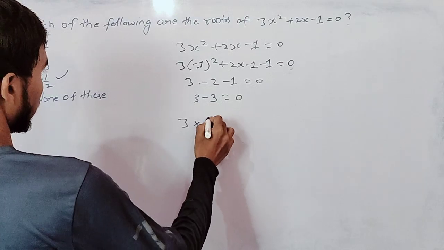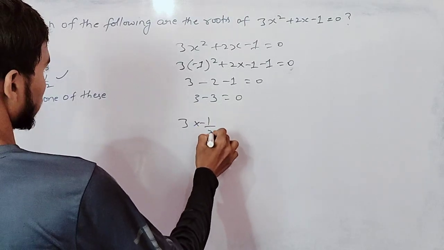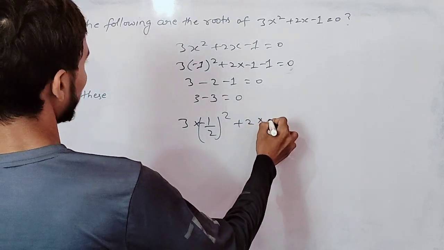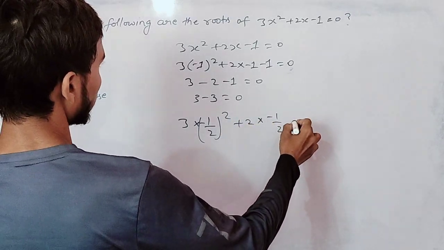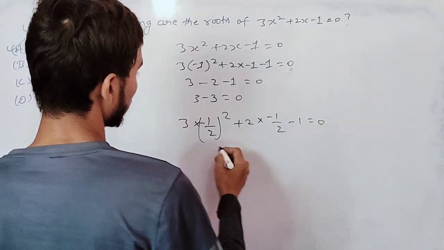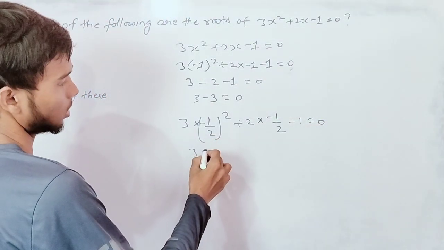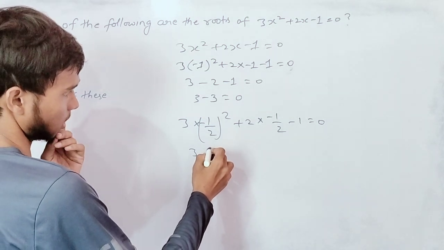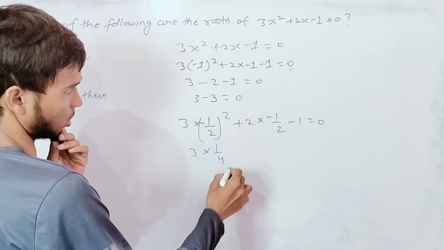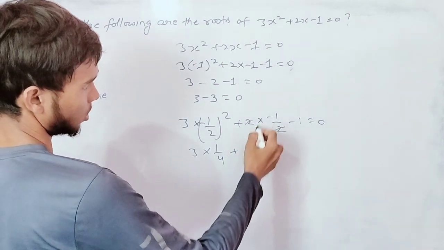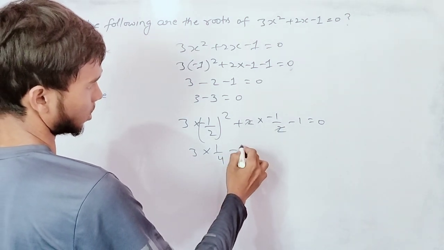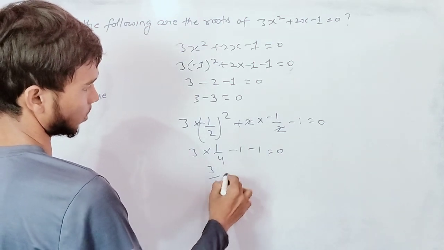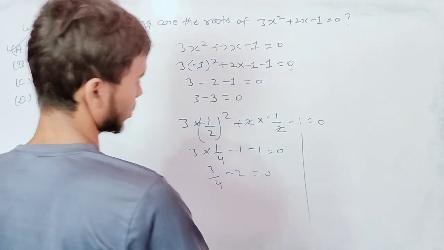3 multiplied by 1 upon 4, minus 2 times minus 1 upon 2, minus 1 is equal to 0. So 3 upon 4 minus 2 is equal to 0.